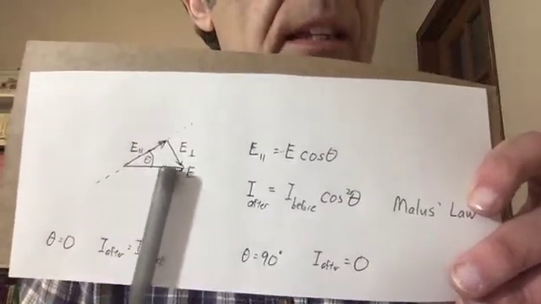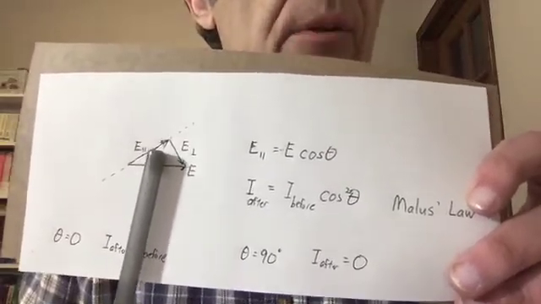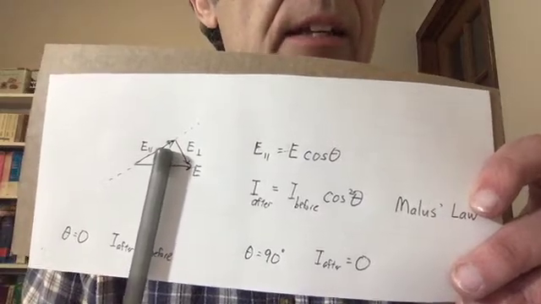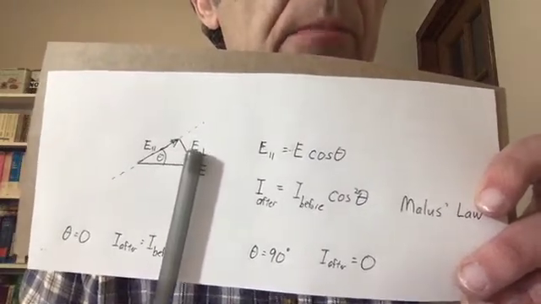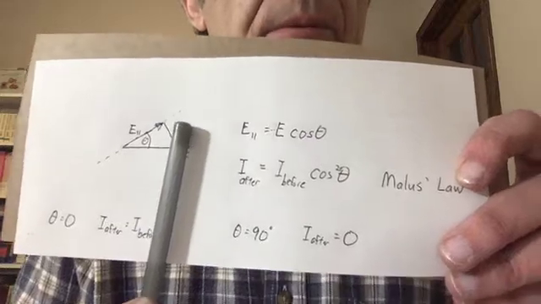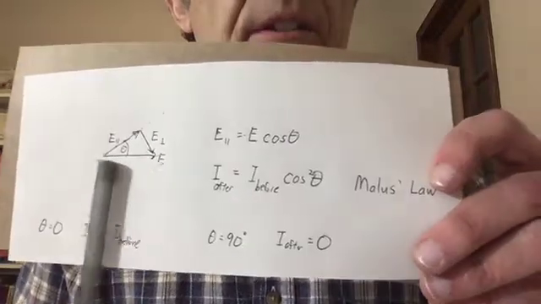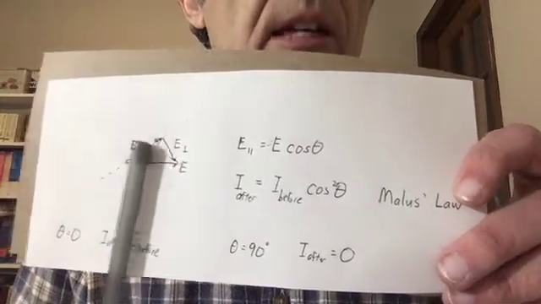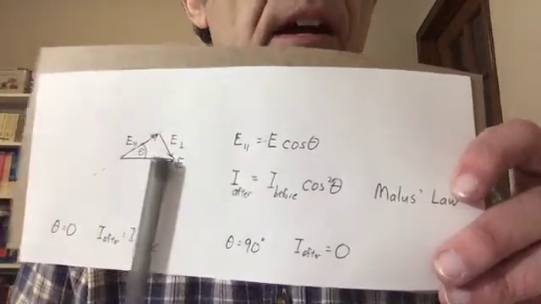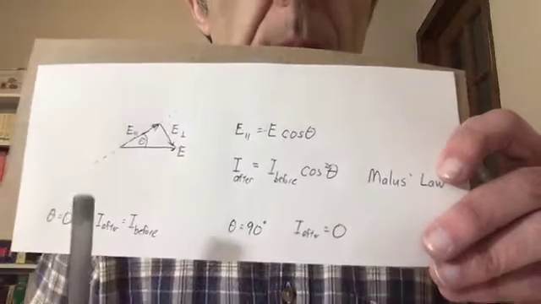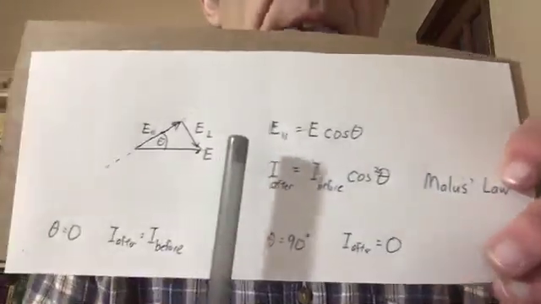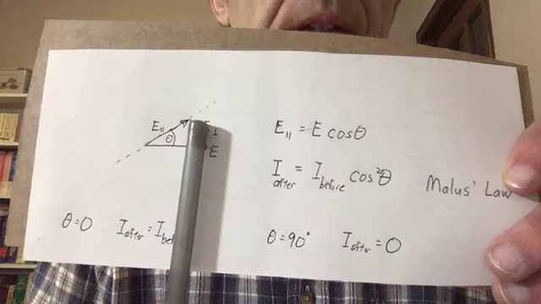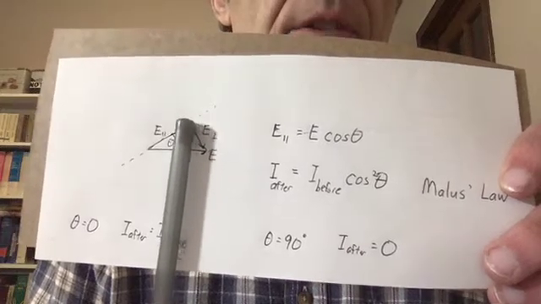You can write this vector as a component that's parallel to the dashed line, E parallel, and a component that's perpendicular to that dashed line, E perpendicular. That's just resolving a vector into components.